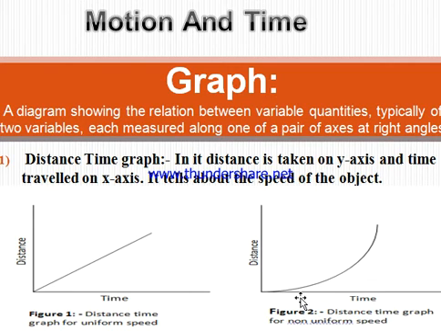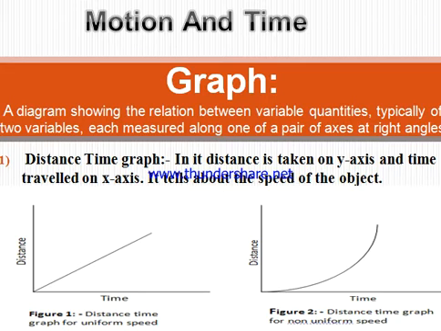But in the second case, up to here, the distance traveled is very less or zero. But as the time increases, distance increases. Here, time increases very little, but distance increases more. So this is an example of non-uniform motion.